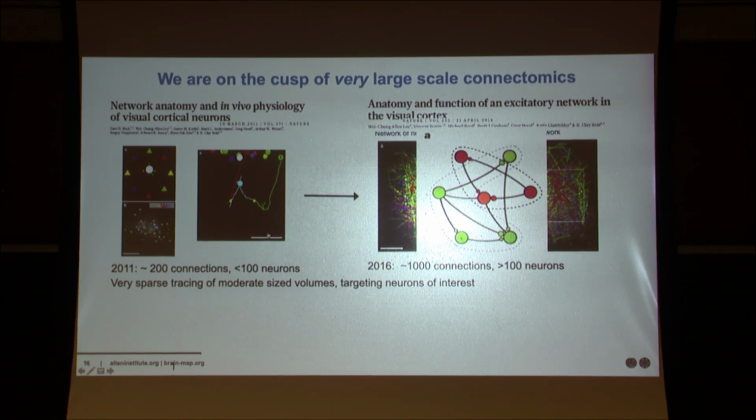But standing back a bit more, there are, let's say, 3 determinants of connectivity. First and foremost is geometry: if you're not in the right neighborhood, you're not going to connect. Second is molecular, and I like to call this cell type connectivity.